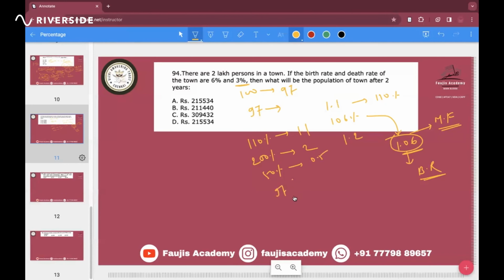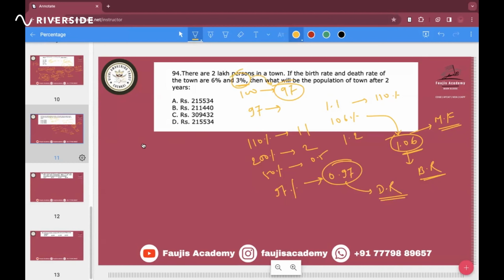So 97% is equal to how much? 0.97. Is this your death rate? How did we write 97? Did you guys understand? Yes, sir. 3% is the death rate, so we have just reduced 3 out of 100.